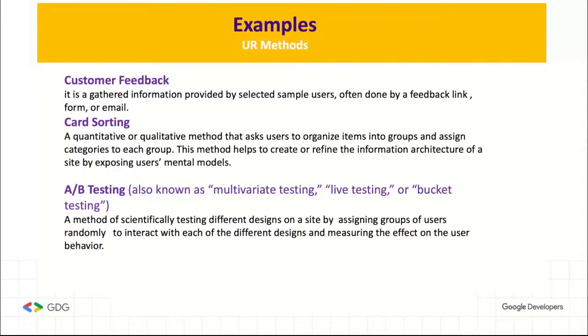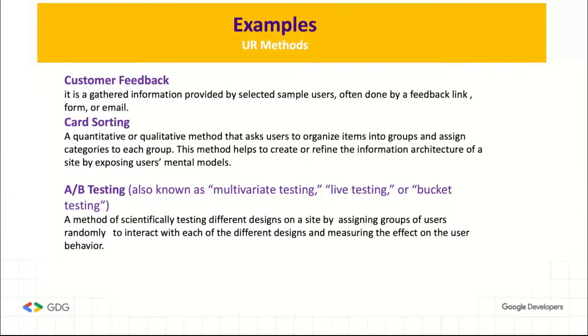It helps to create or refine the information architecture of the site by exposing users' mental models. And how can we do this? By giving our users some cards and letting them organize the cards as they want, and we want to see how they see our website, the architecture of our information, etc.